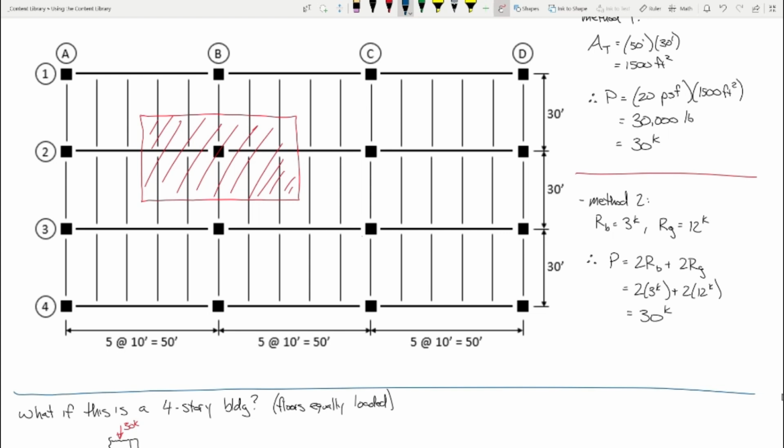The edge columns are going to be twice as big, theoretically, right? Because, think, the corner column, what's the tributary area of this corner column? It's just that small little bit up there, right? The tributary area for the edge columns is twice that of the corner columns. And then the interior columns are twice of that, right? So if we're talking about gravity columns, the smallest ones are actually the ones on the outside.